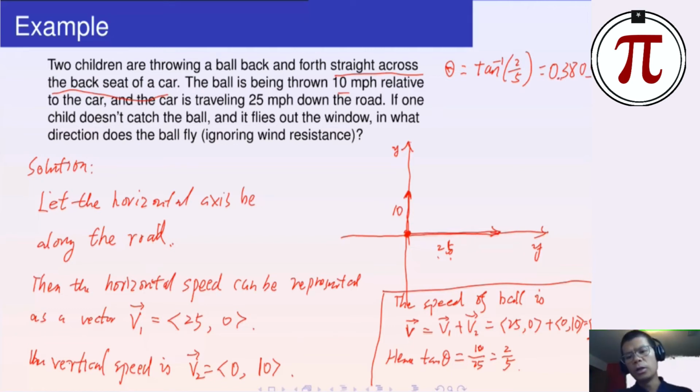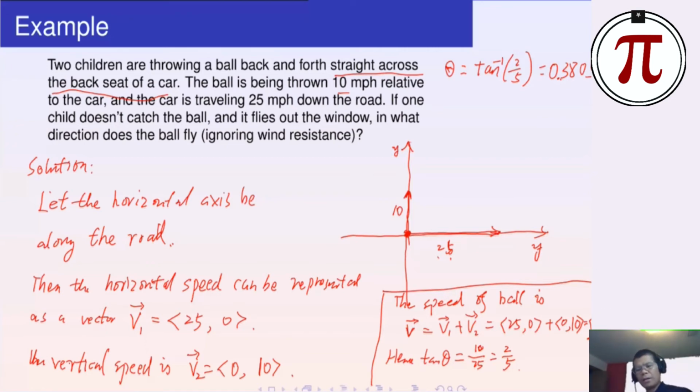This angle is if the ball is thrown upwards, or to the left of the direction of the road of the car, right? Or it can go the other way, to the right side of the road, at the same angle.